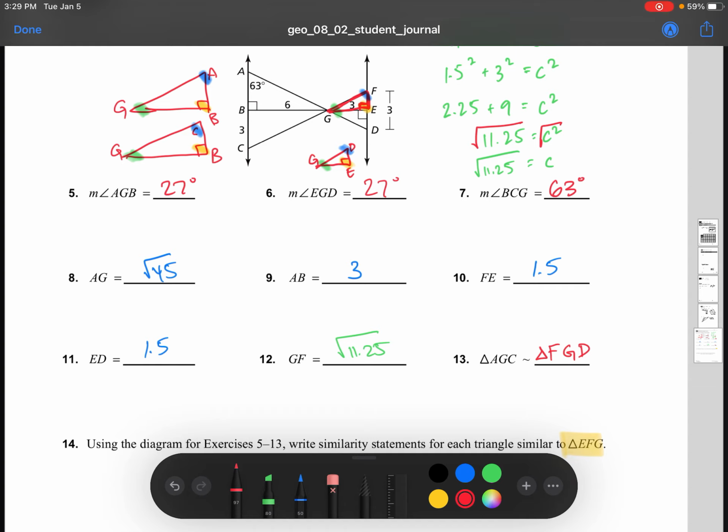So triangle EFG is going to be similar to triangle EDG. It's going to be similar to triangle BCG, and it's going to be similar to triangle BAG.